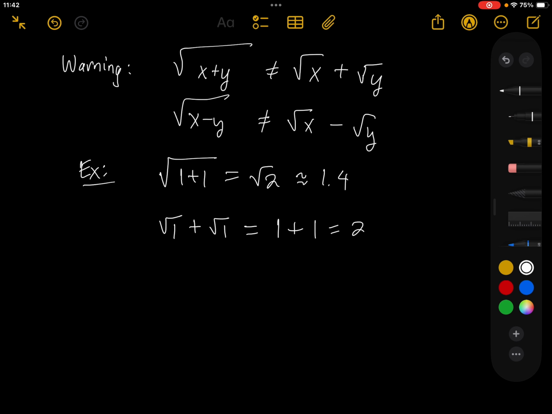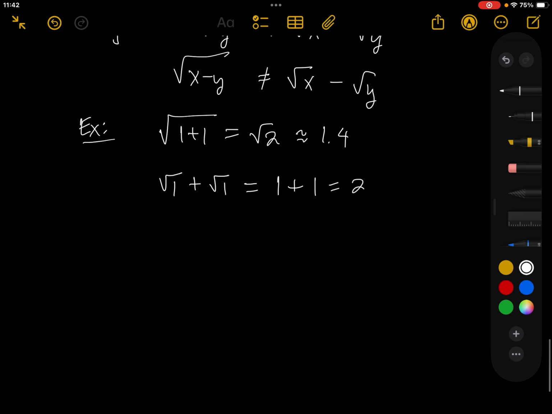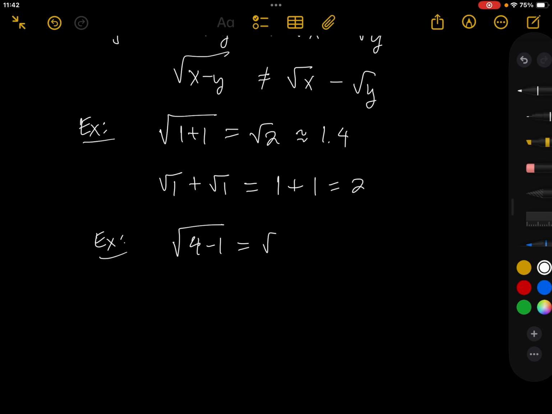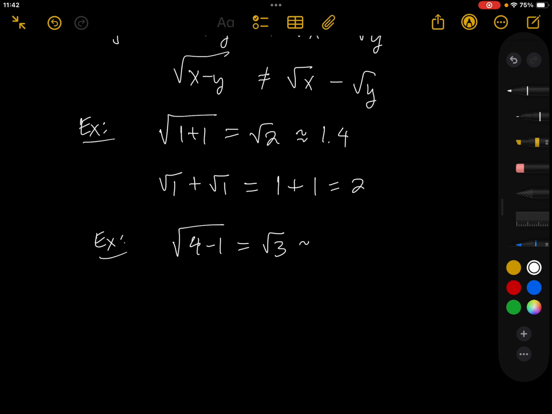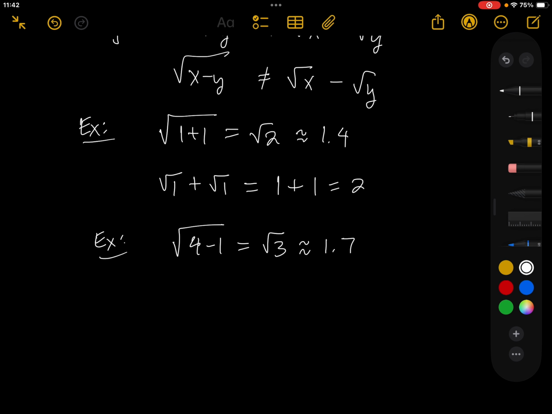And similarly, in general, the square root of x minus y is not equal to the square root of x minus the square root of y. So if you had, what's a good example? If I had, how about 4 minus 1? If I did the square root of 4 minus 1, I get the square root of 3, which is about 1.7.